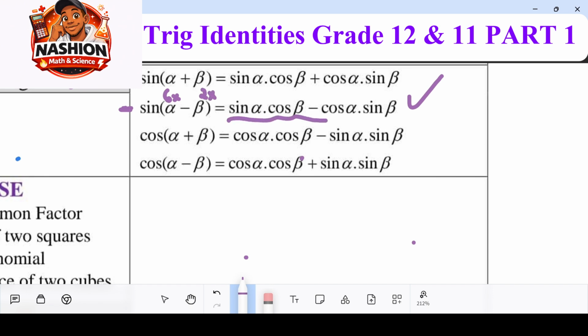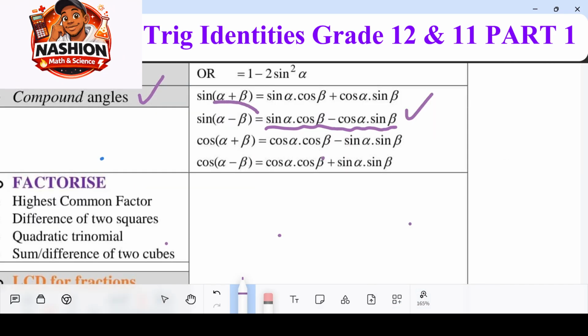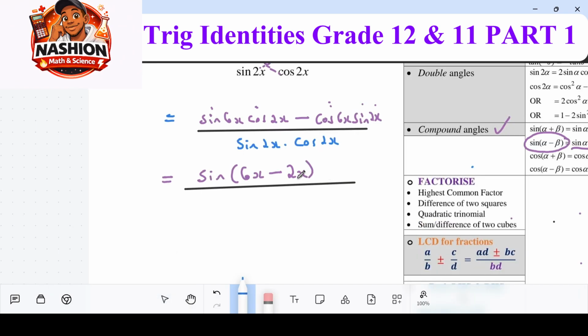So all of this expansion can be summarized like this. So in the next step, we write sine of, in brackets, 6x minus 2x. That's the application of compound angle identity. All over, remember BODMAS tells us to deal with the brackets first.